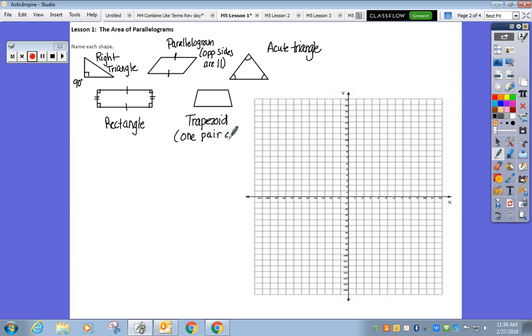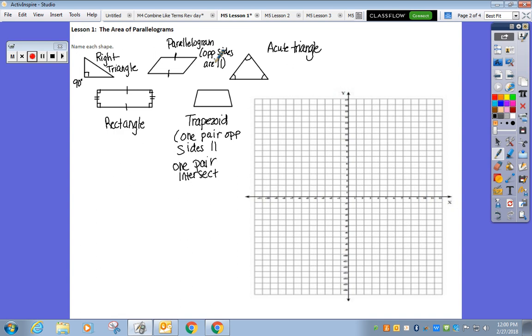So 1 pair of opposite sides parallel, 1 pair, it would intersect. So if I continued these lines going on, they would never touch, but these lines, if I continued them on, eventually, because they're kind of slanted towards each other, they would eventually hit. So that is a trapezoid. So those are just some figures we're going to be talking about in the unit.